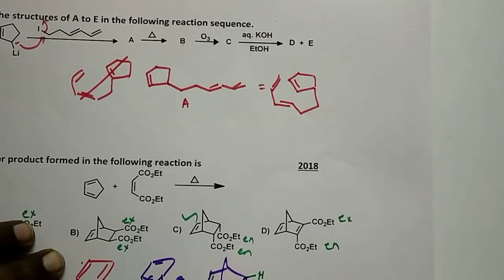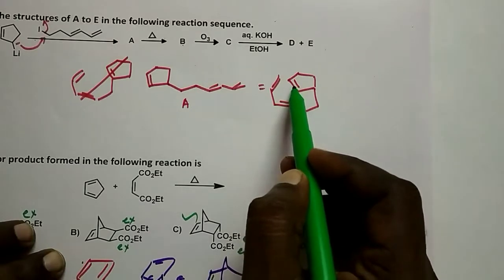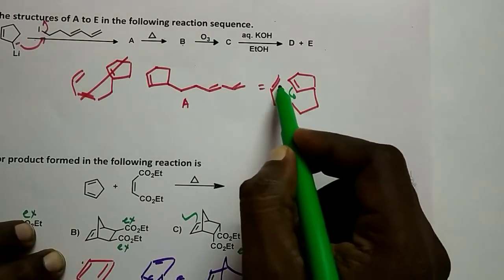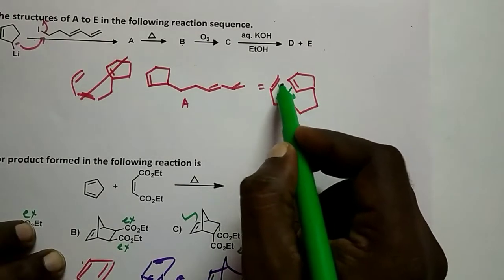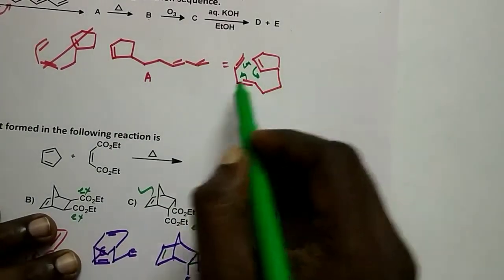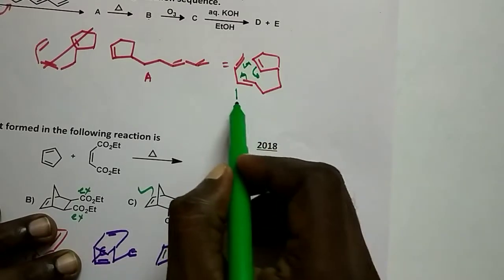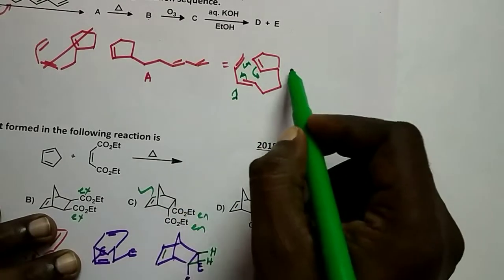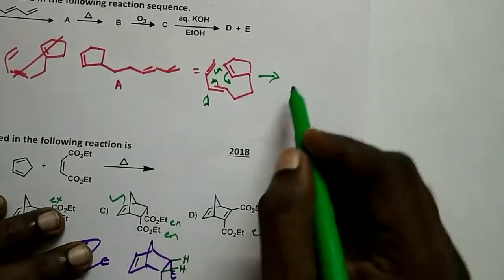Look at this now. Here you have a diene, here you have a dienophile. So a Diels-Alder reaction goes like this. What sort of Diels-Alder reaction is this? This is intramolecular Diels-Alder reaction.